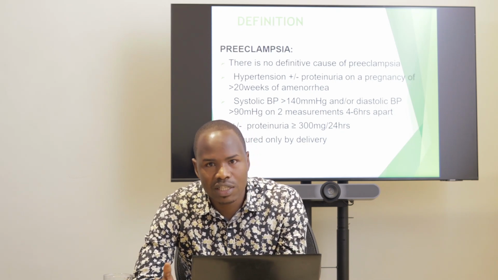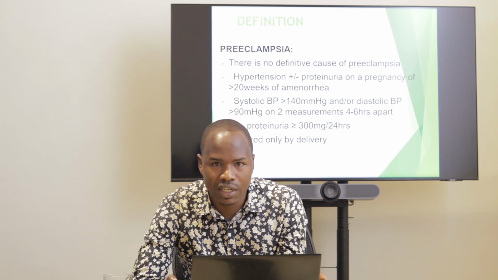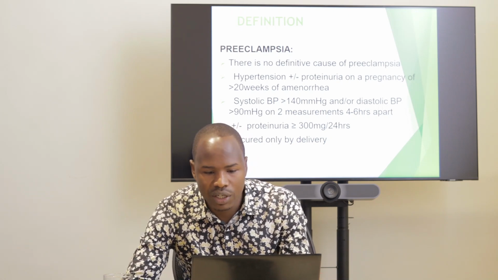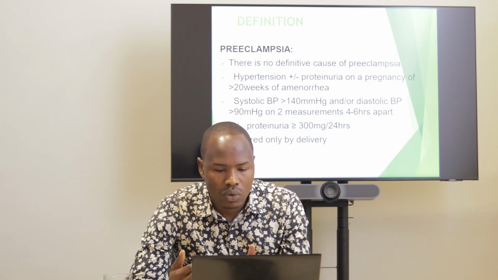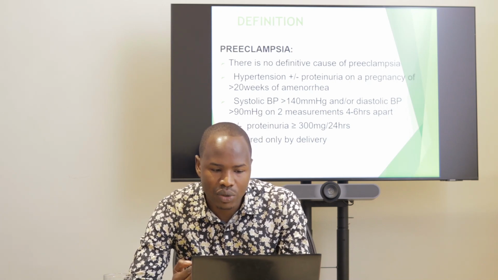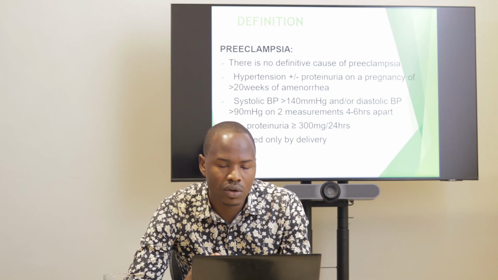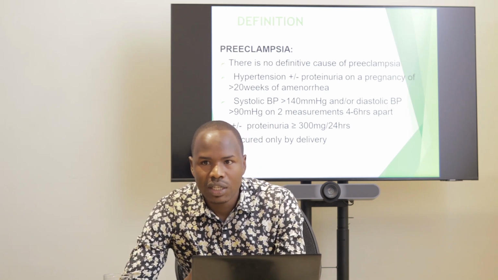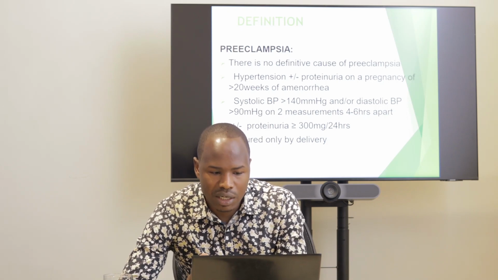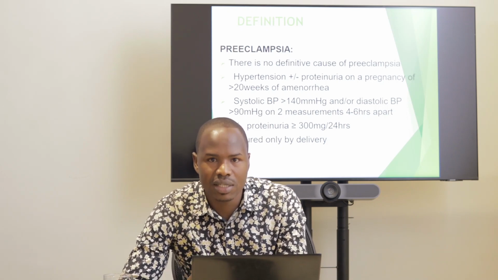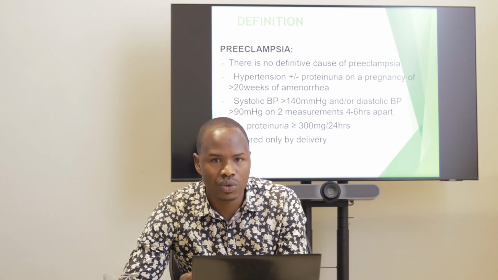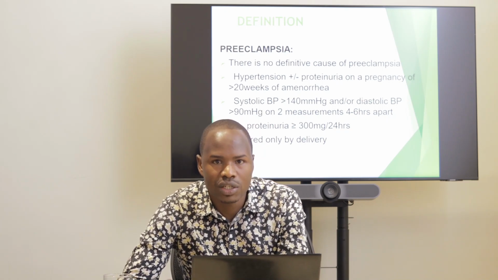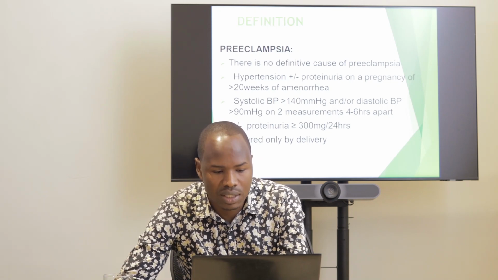Preeclampsia is defined by criteria: hypertension with proteinuria in pregnancy greater than 20 weeks of amenorrhea. We say that the patient has preeclampsia when she has hypertension and proteinuria at a gestational age greater than 20 weeks.